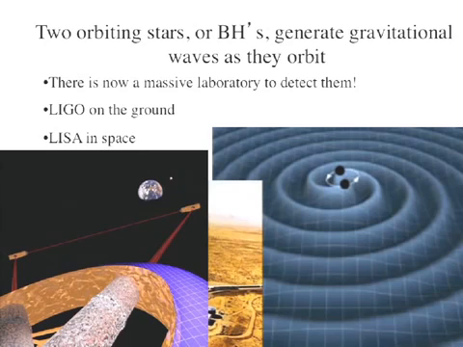It has laser beams going between the 3 stations, and they're detecting the coming of waves. They want to look for this wave to go by. And when the wave goes by, it'll make the distance between these objects ring a little bit.